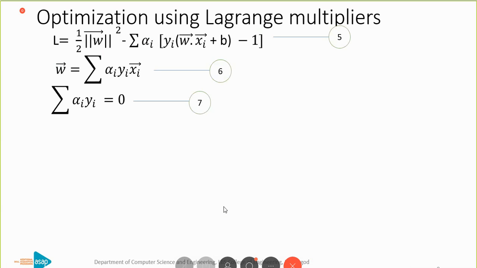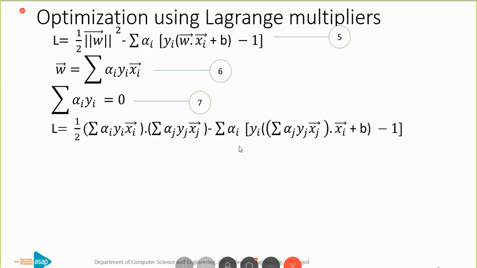Now let us summarize. This is the Lagrangian you have. I got W and I got an expression like this. Now I'm going to substitute this W into this expression.